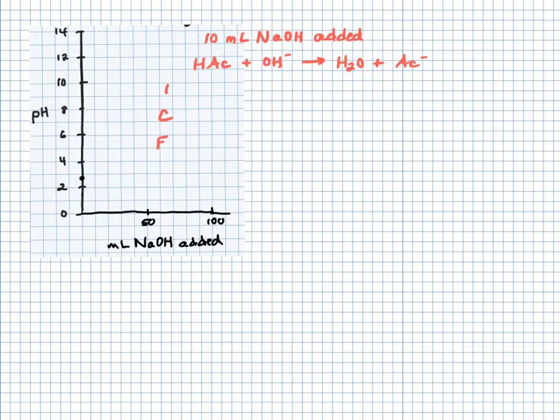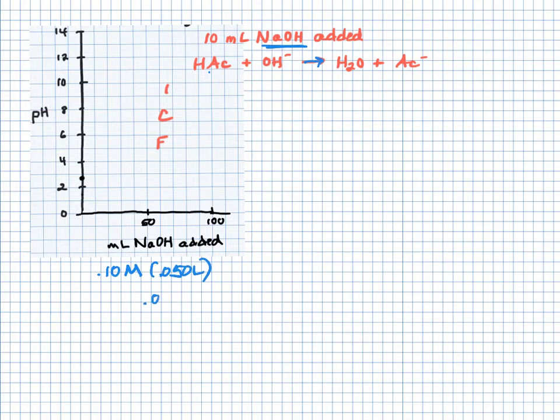So now what happens after we've added 10 milliliters of NaOH? So I'm adding a strong base, so we're going to go to completion. My weak acid, my strong base, water, and acetate. And I need an ICF box because I've added something strong. Now my acetic acid was 0.1 molar, and I had 50 milliliters of it.